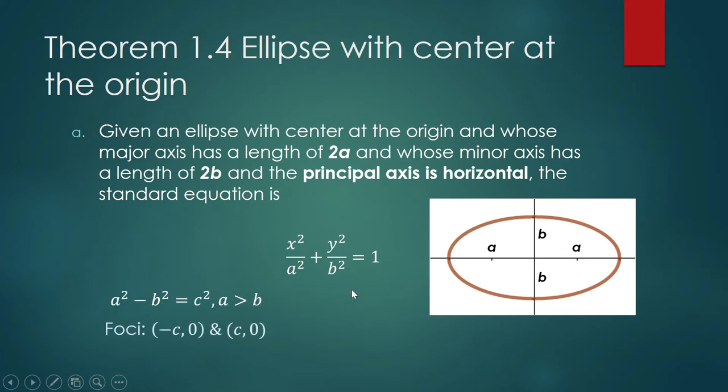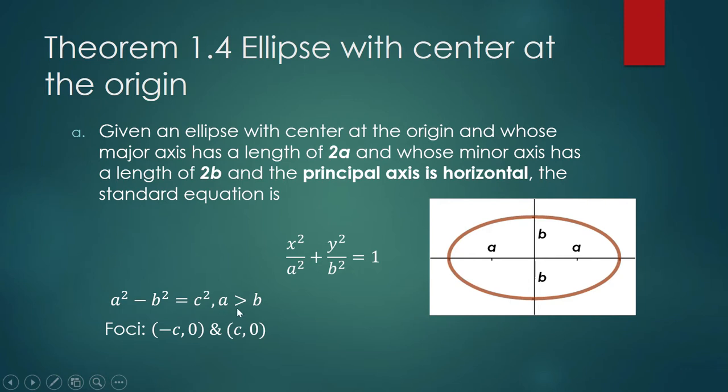One challenge for understanding the equation of an ellipse is to figure out if the principal axis, or the major axis, is horizontal or vertical. So pay attention to this. This is the relationship between a, b, and c: a squared minus b squared is equal to c squared. We shall need c to locate your foci.